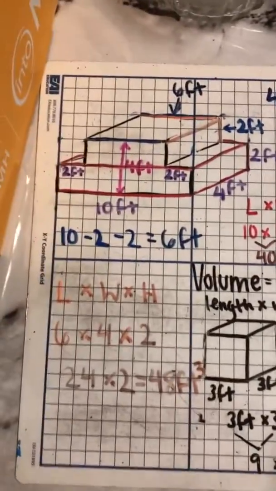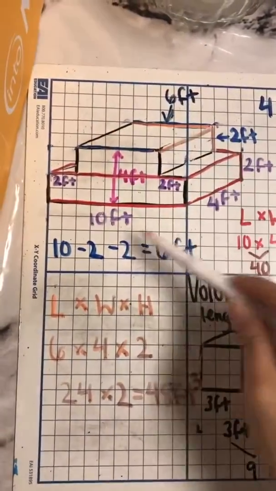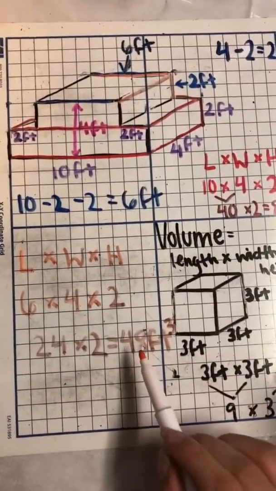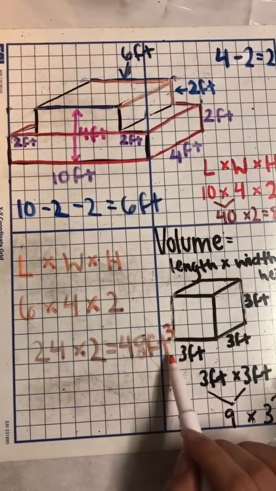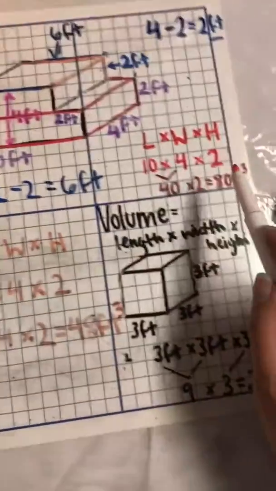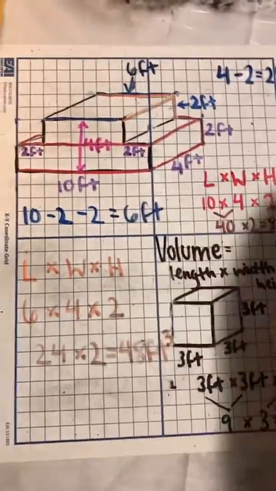Oh, no, we're not done. So now, to find the total volume of this shape or figure, I need to add my 2 volumes: the 48 feet cubed for my top half of the figure and my 80 feet cubed for the bottom half of the figure.